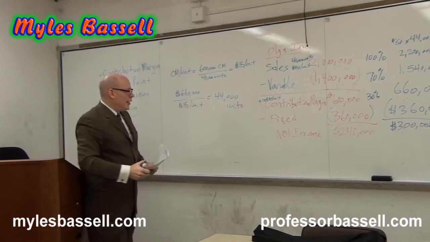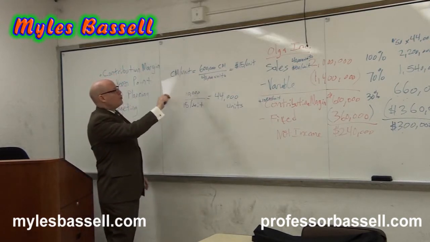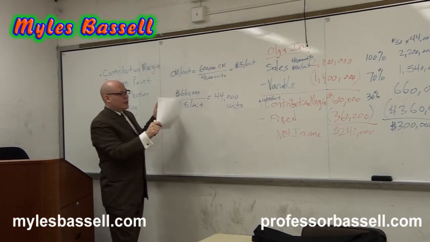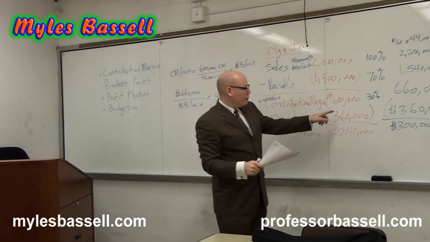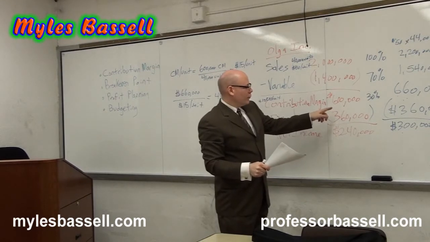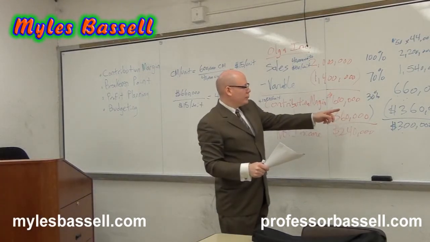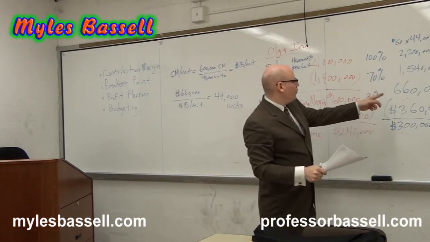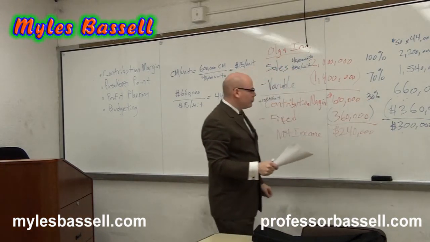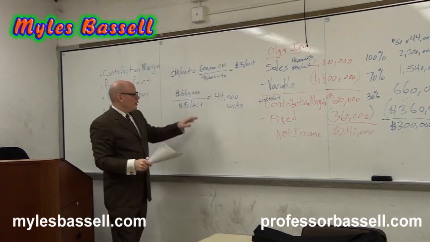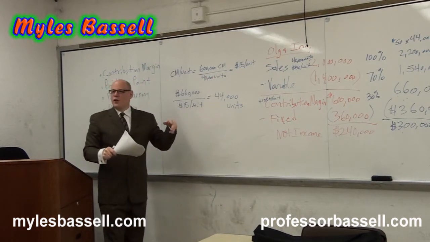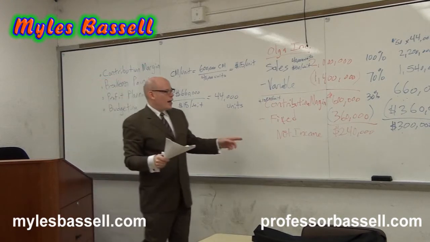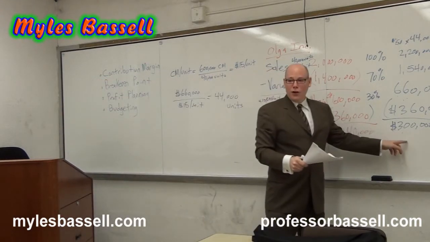And that's what we calculated. First, we calculated the contribution margin per unit, and then the new contribution margin, which is 10% higher. And that means we need to sell 44,000 units if we want to have a target net income of $300,000.